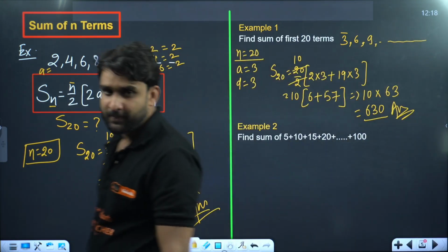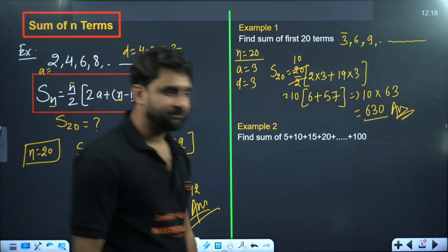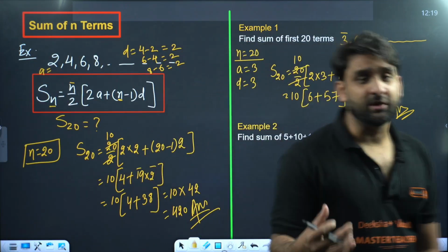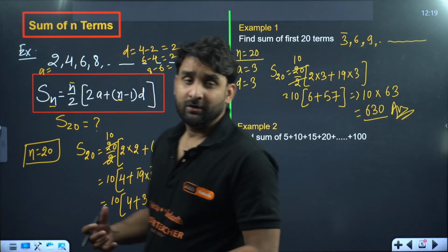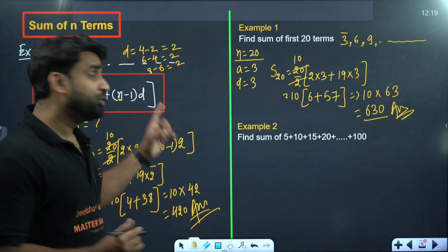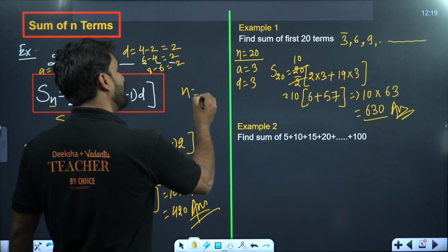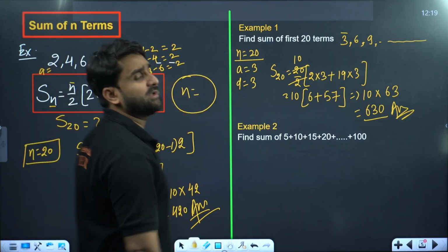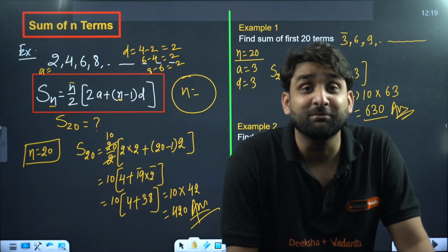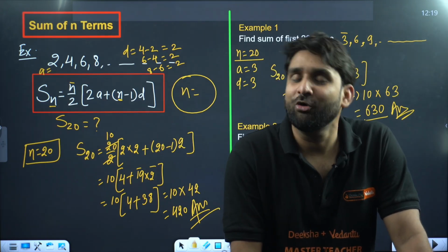Very good. Are you getting my point? Now, the most important thing in this question is that to apply this formula, you should have n. Without n, you cannot apply this formula. If you are not sure how many numbers are getting added up, how can you apply this formula?